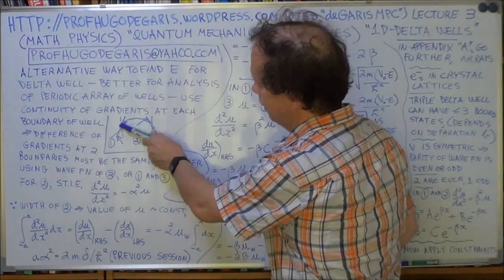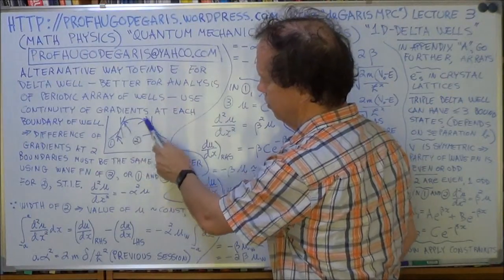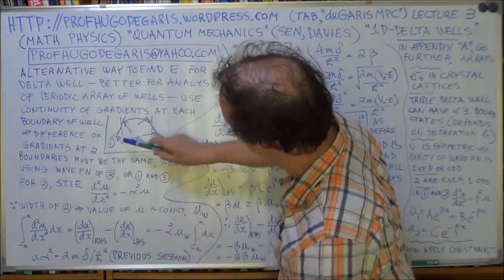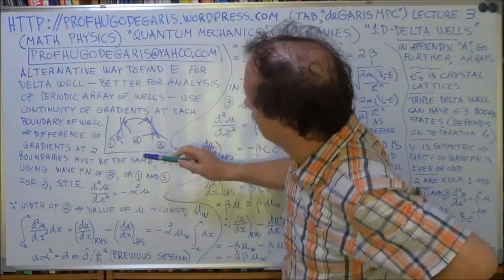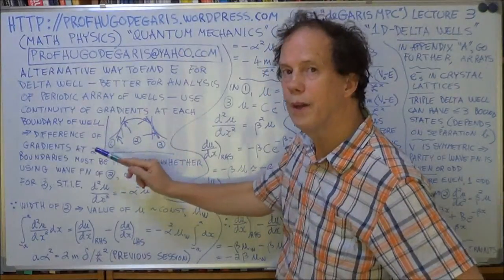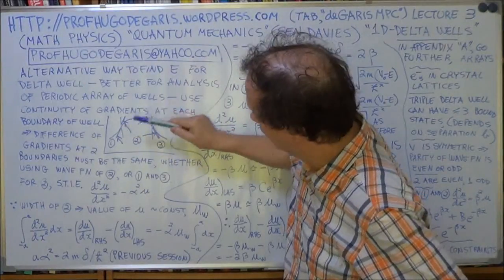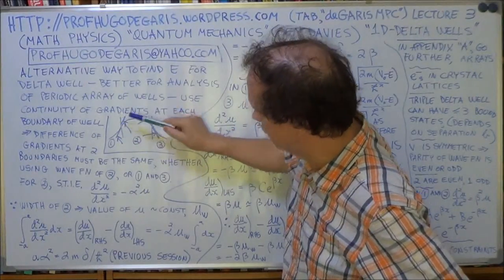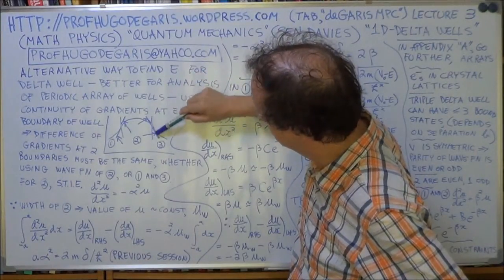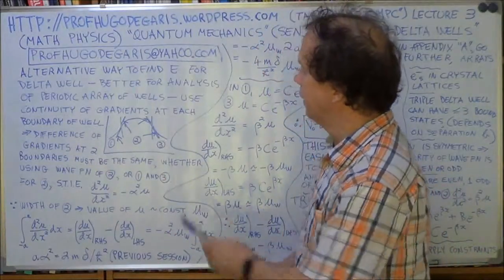This gradient you calculate using the wave function u in region 2, and this one you calculate using the wave function in region 1. Right on the boundary, those two gradients have to be equal to each other, and these two gradients at that point have to be equal to each other. Continuity of the gradient.